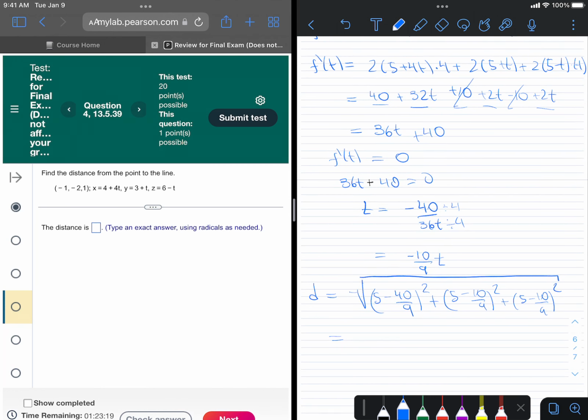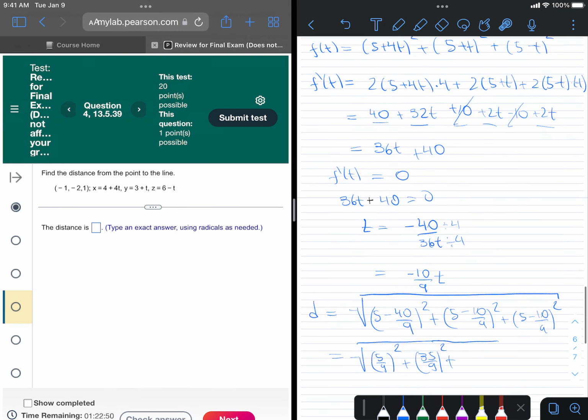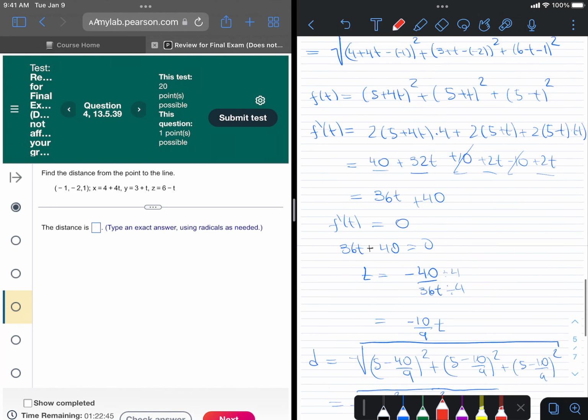Plugging in becomes a little bit more difficult, but we can handle it. This times 9, this is a 45 over 9, so that's a 5 over 9 squared, plus this right here, again 45 minus 10, 35 over 9 squared, plus a 45. There was a plus somewhere, right? This was a plus and not a minus, so I'll fix that.